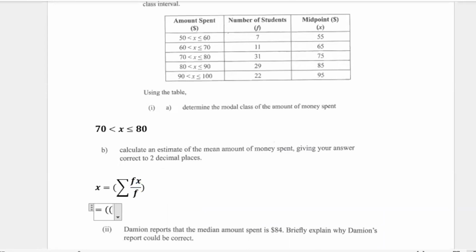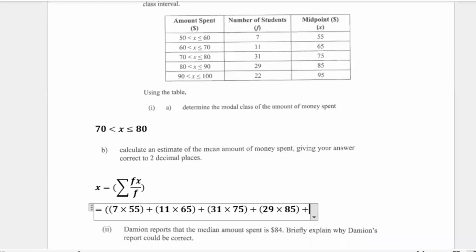So we are doing 7 multiplied by 55 plus 11 multiplied by 65 plus 31 multiply by 75 plus 29 multiply by 85 plus 22 multiply by 95, and all of that is divided by the total frequency, which is 100.